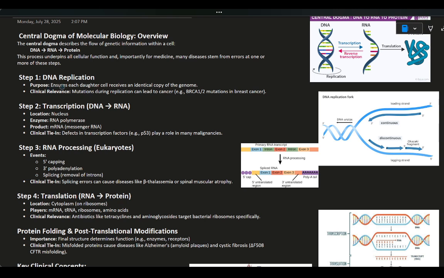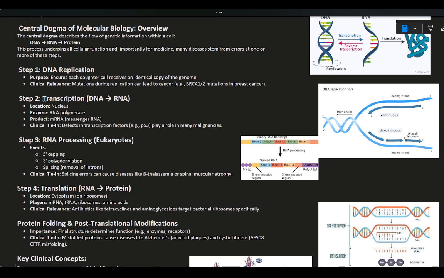The purpose of this step is to ensure that each daughter cell receives an identical copy of the genome. This is clinically relevant because mutations during replication can lead to cancer. For example, the BRCA1-2 gene mutation is known to be associated with the development of breast cancer.